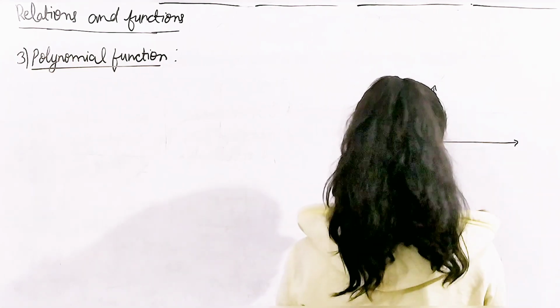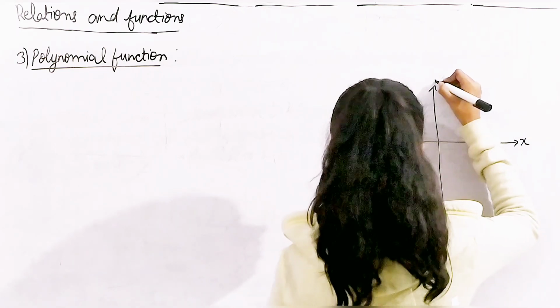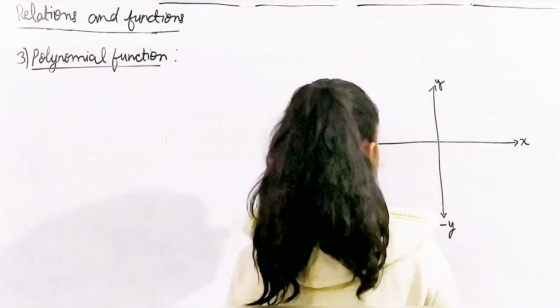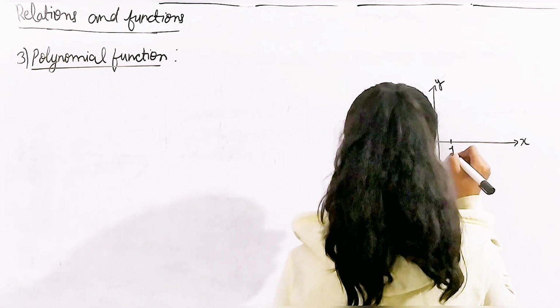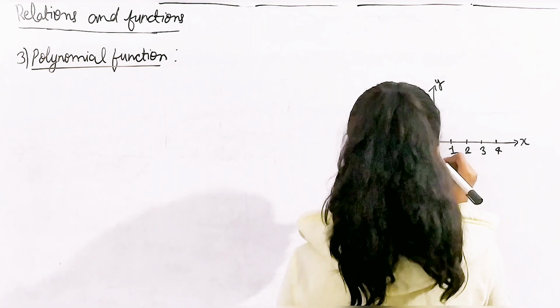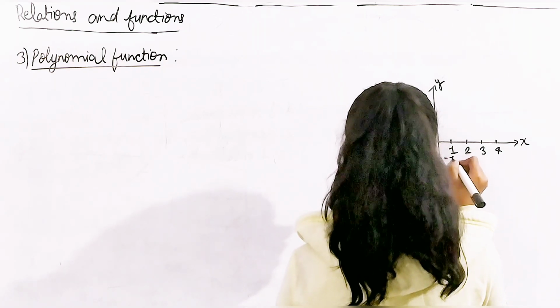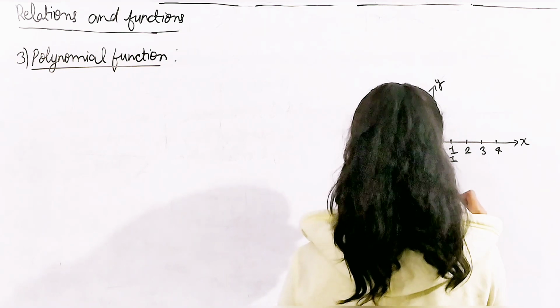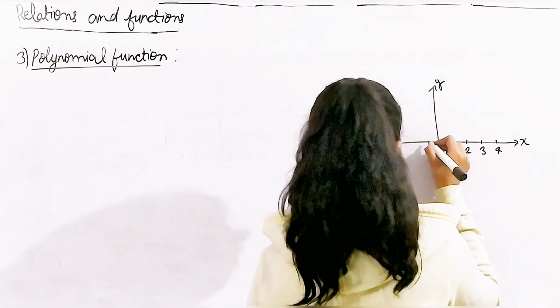It has two axes, x-axis and y-axis, negative y and negative x. Here we have 1, 2, 3, 4. Here we have negative 1, negative 2, negative 3, negative 4.